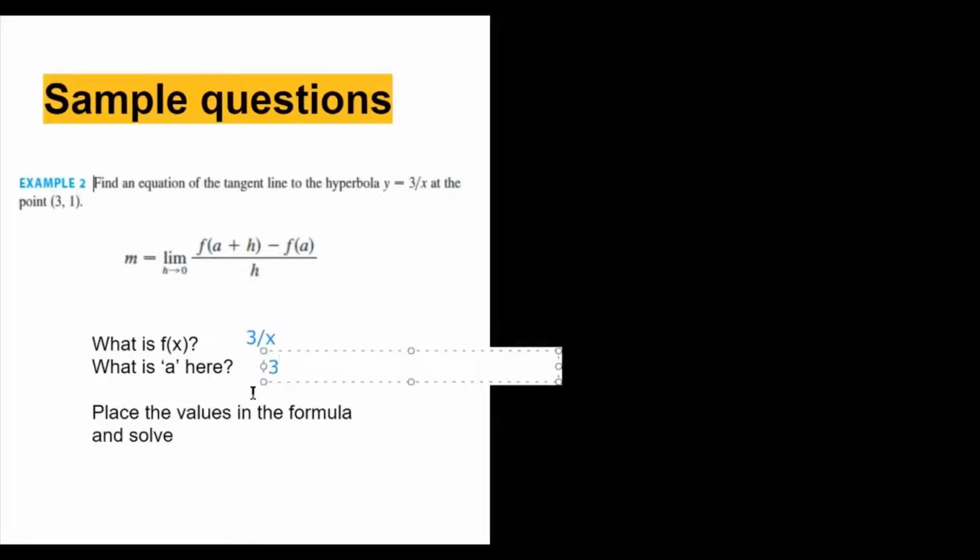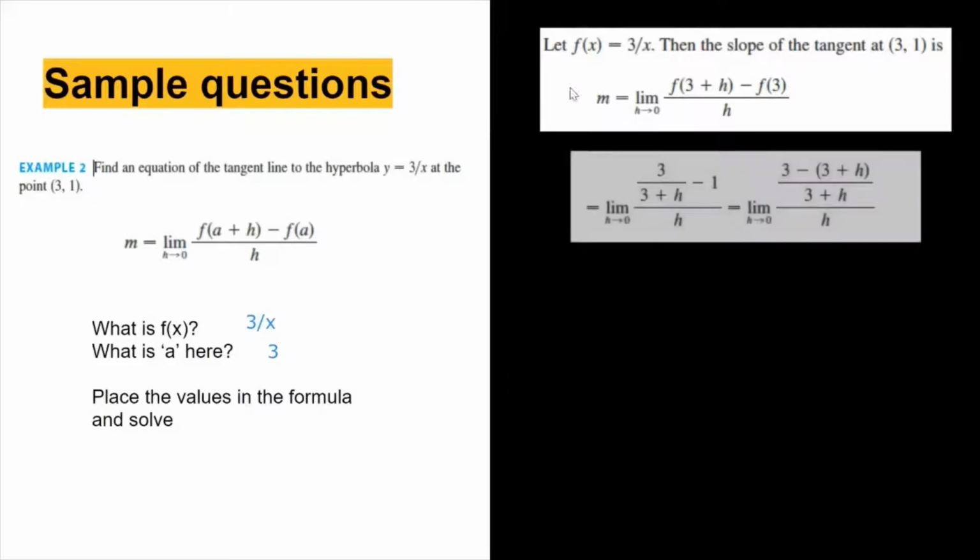Now, we'll plug these two into the formula and solve it. So this will look like the following, where I have first put the input value of 3 everywhere, and then I'll put the function, which is 3 by x. So instead of x, I'll put the given value 3 plus h in this case, and 3 by 3, which turns to 1.